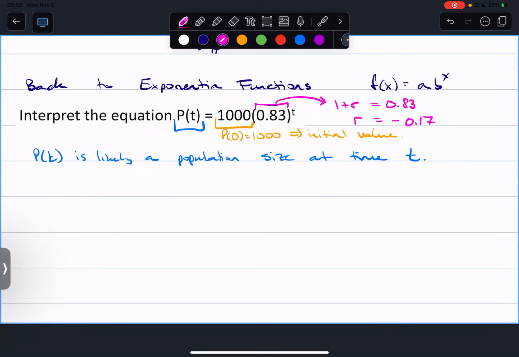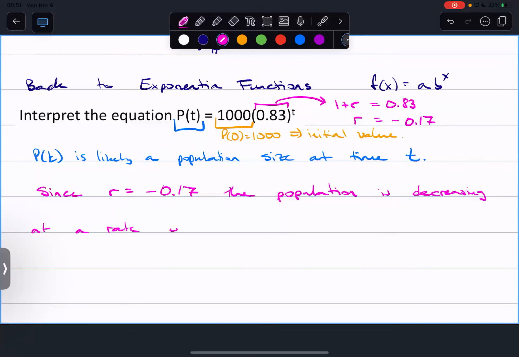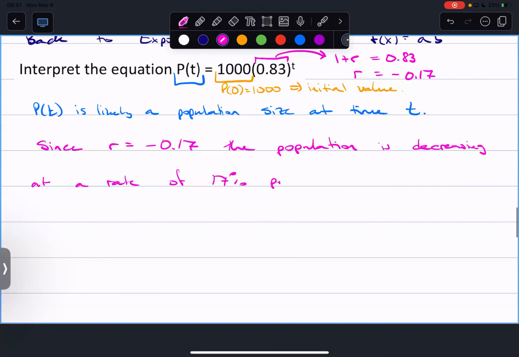Which means, since r is negative 0.17, the population is decreasing at a rate of 17% per year.